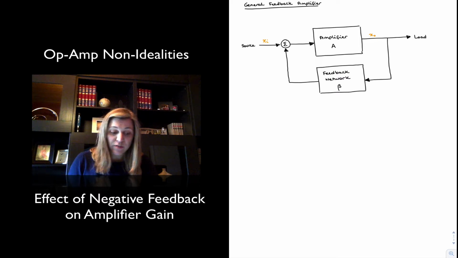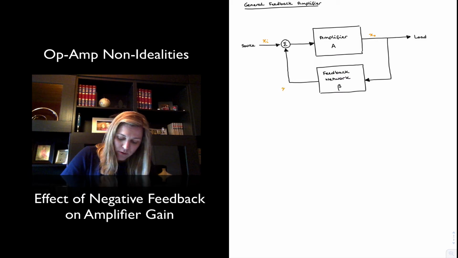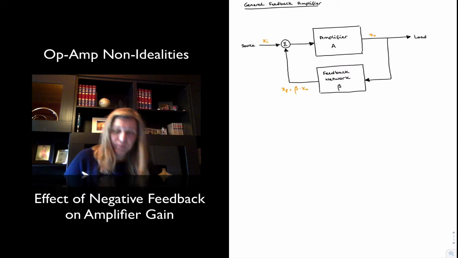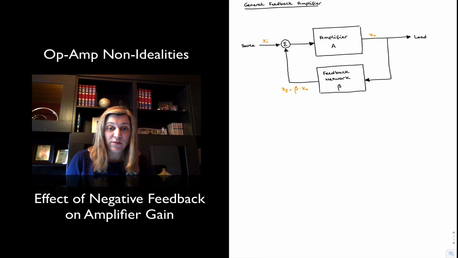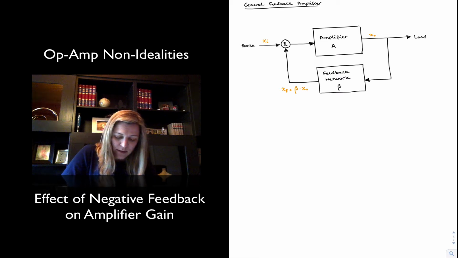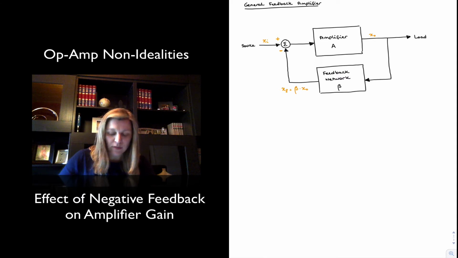And so basically the feedback signal that you get out of it is going to be beta times x out. And this signal in a negative feedback amplifier will be subtracted from the input signal, and we represent that by adding a minus sign next to the summing symbol. And so the input signal gets added, but the feedback signal gets subtracted.